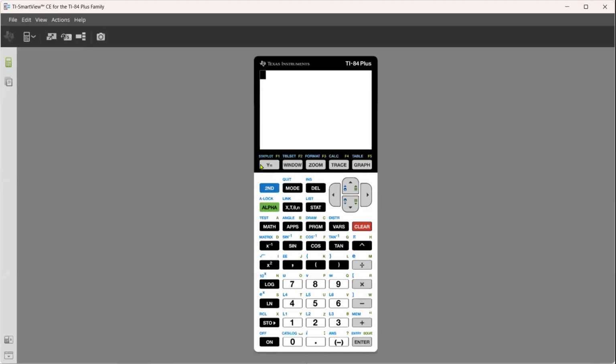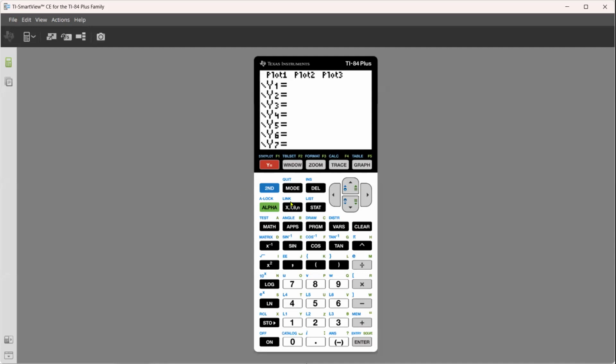So what I'm going to do is put y equals, just like always. Now, an important consideration here: your equation is in radians, yes? Cosine pi.